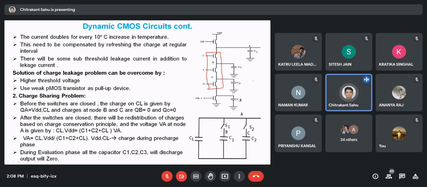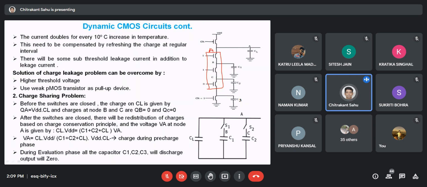How many inputs will there be? There will be three inputs, A, B and C, right? So which kind of circuit can this be? Yes, a 3-input NAND gate, because these three transistors are in series.